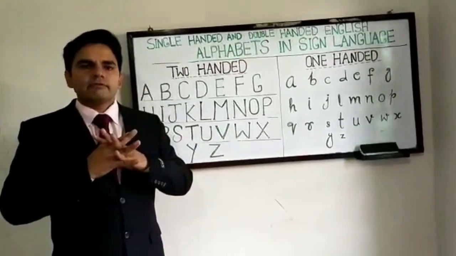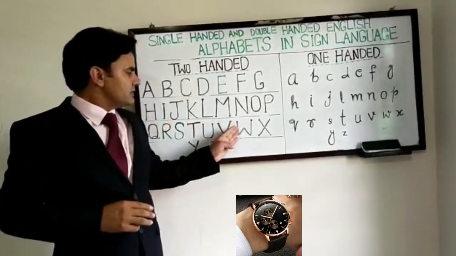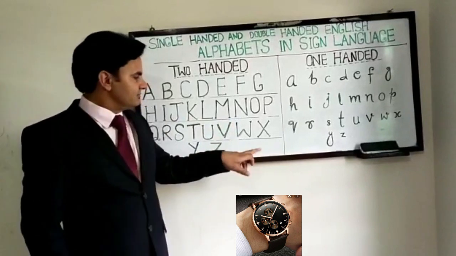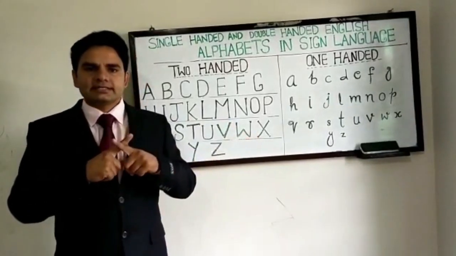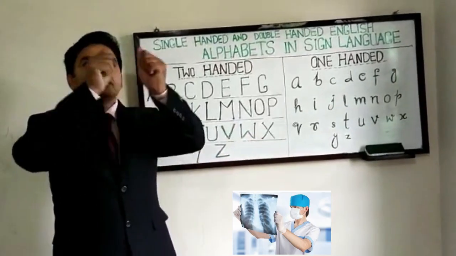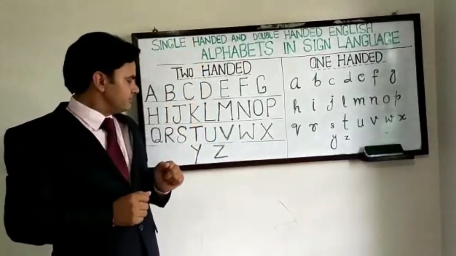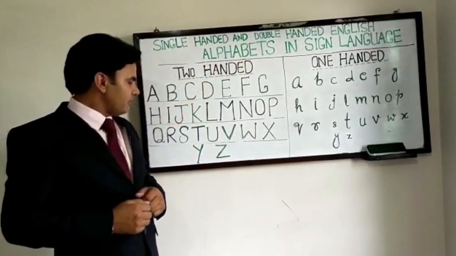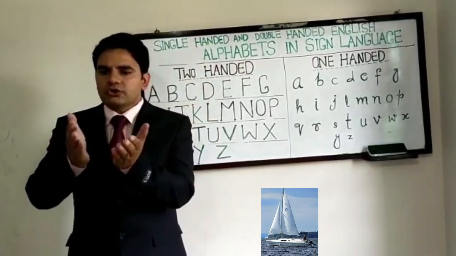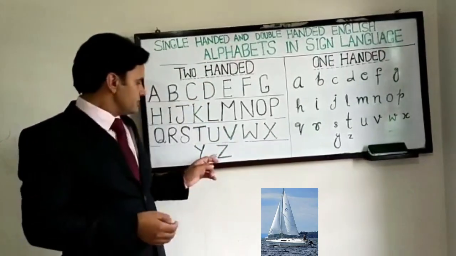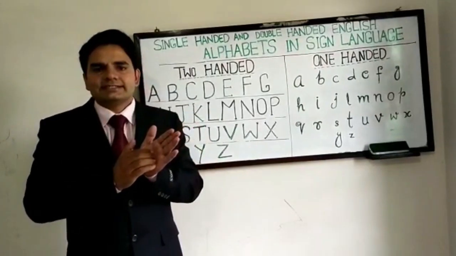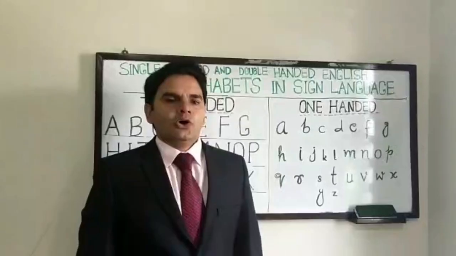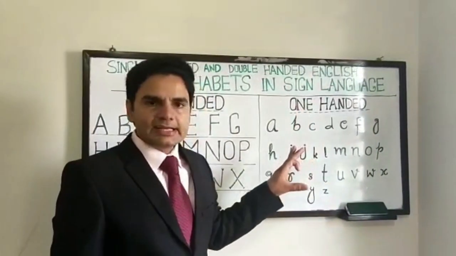W for watch. X for X-ray. Y for yacht. Z for Z. Now come to the one-handed English alphabets.